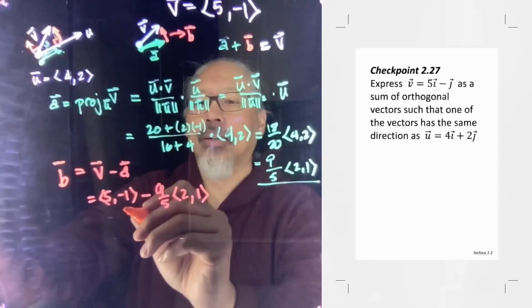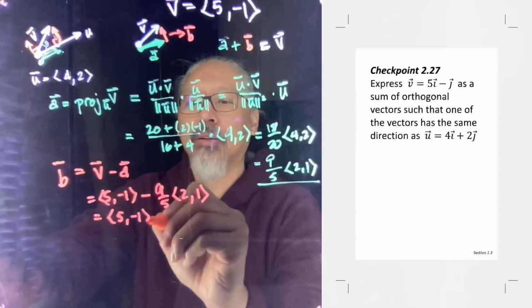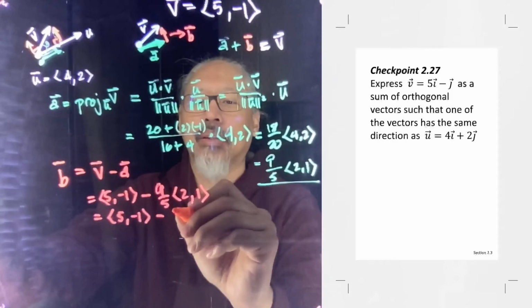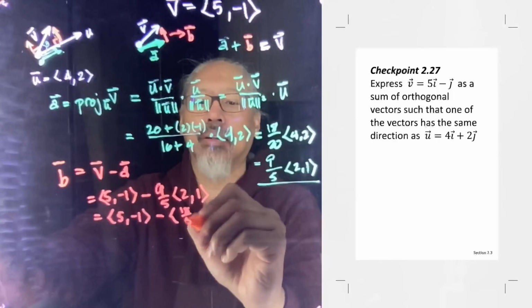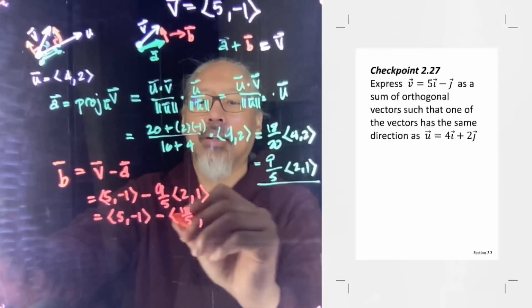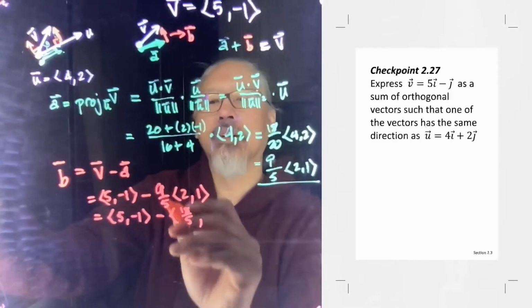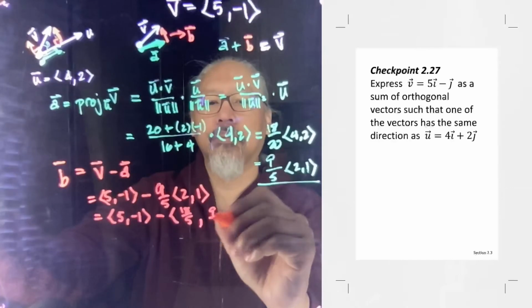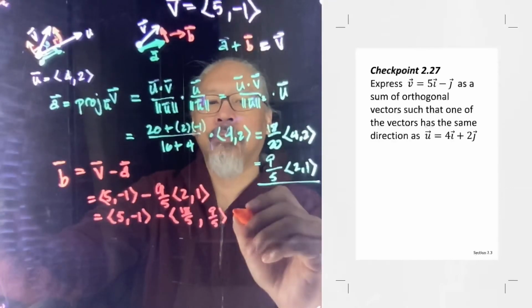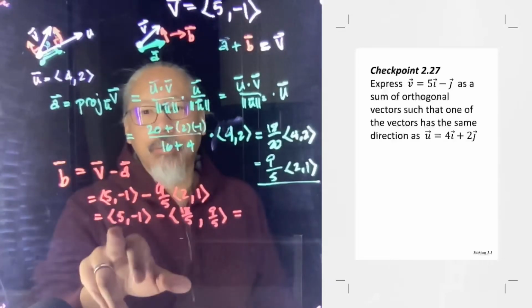Let's have 5 comma negative 1 minus 18/5 comma, and I just distributed the positive because the negative is still out here, so 18/5 and 9/5. Okay, and common denominators would be 5.